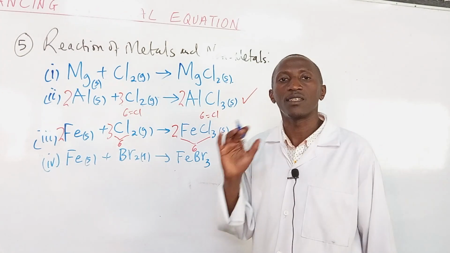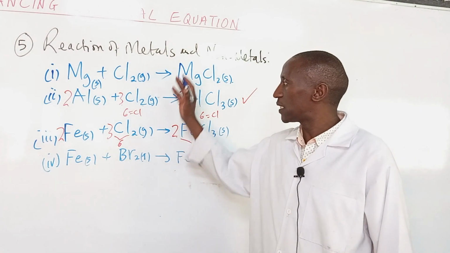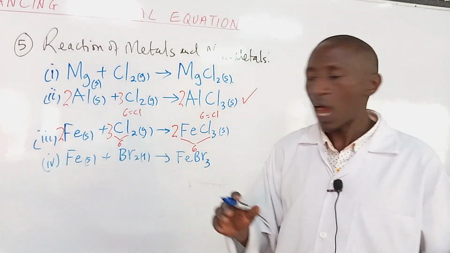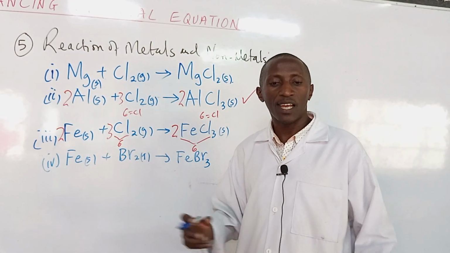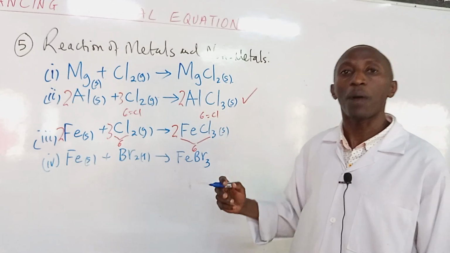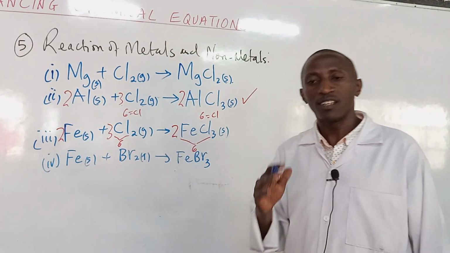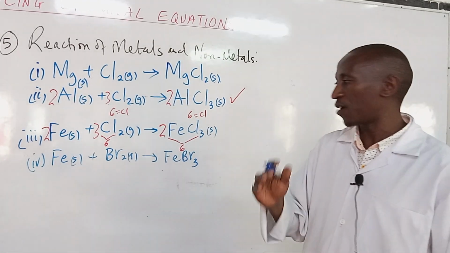However, iodine, even if it is amongst the halogens, iodine forms iron 2 iodide. It does not have that strong oxidizing power to form iron 3 iodide. Instead, we are saying iron 2 iodide is formed.